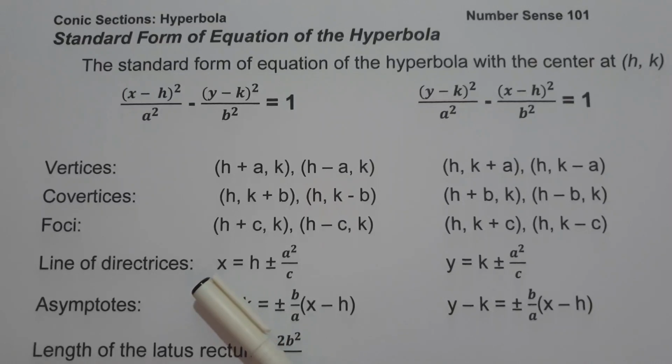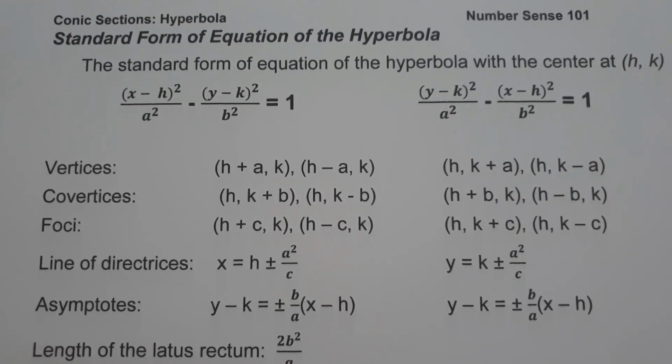And the equation of our directrices is y equals k plus or minus a squared over c. And the asymptotes of our hyperbola are y minus k equals plus or minus b over a times quantity x minus h. And the length of the latus rectum is 2b squared over a. And these are the basic concepts that you need to remember in order for us to understand what is hyperbola.